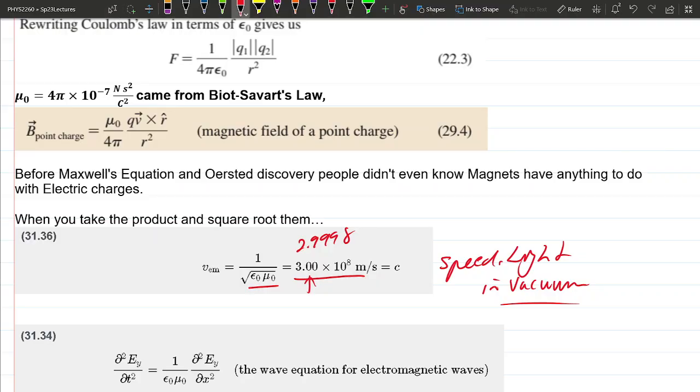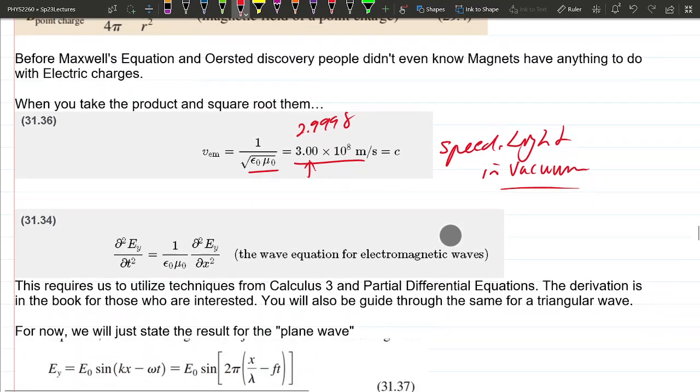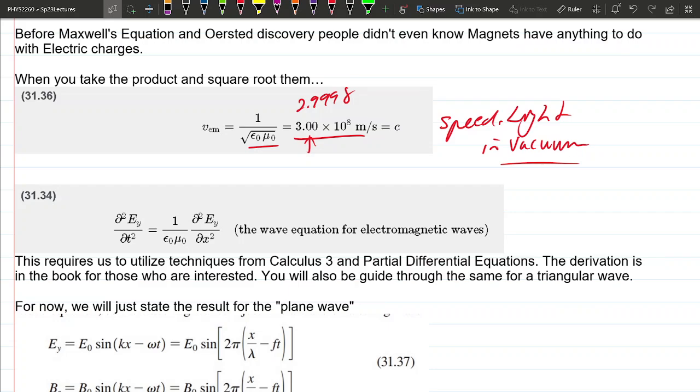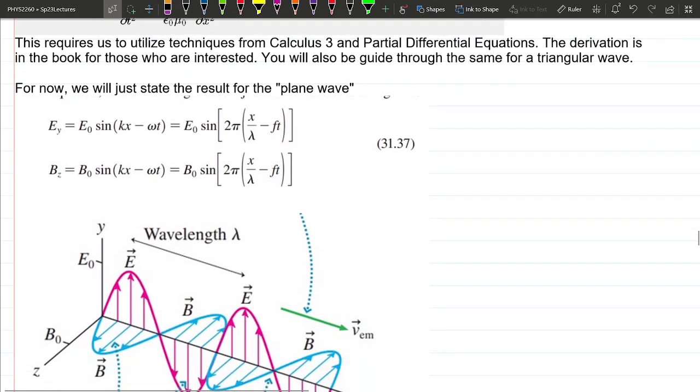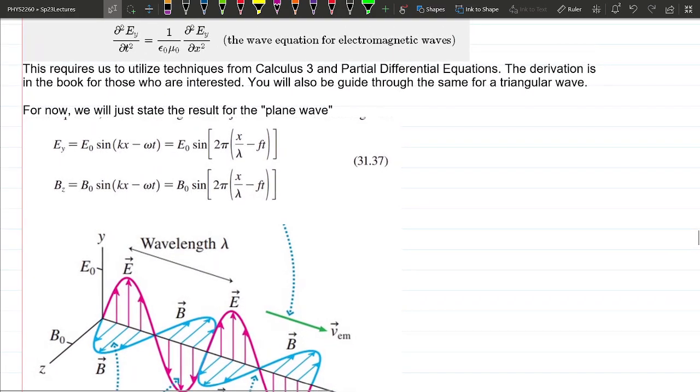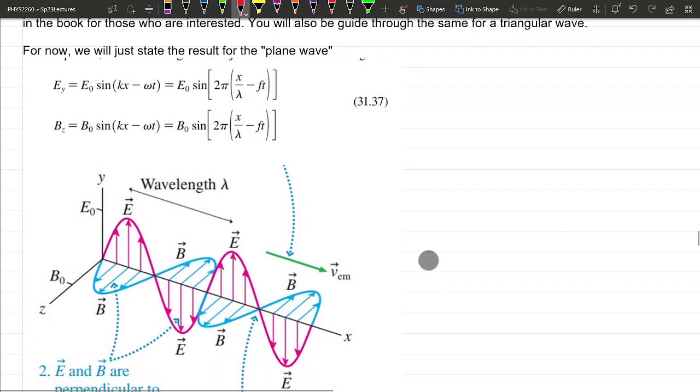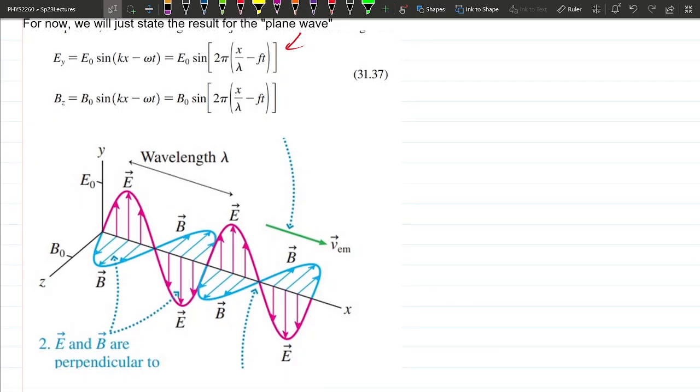But this comes out to be kind of interesting. We're not going to try to solve it, but we'll just tell you what the answer is. If we were to solve this second order differential equation, one of the solutions is known as the plane wave solution. We'll point the electric field in the y direction.